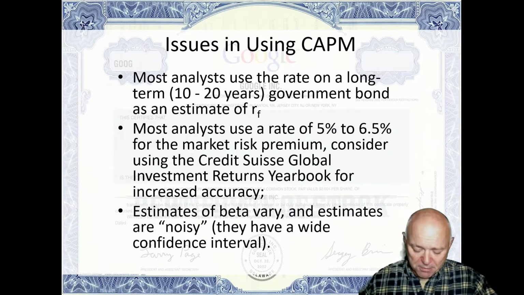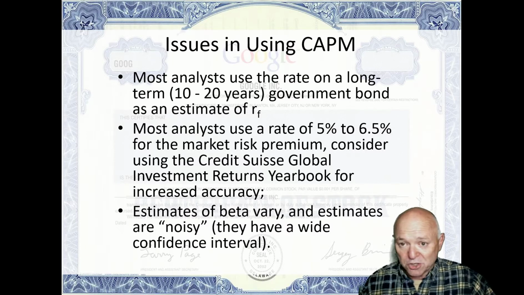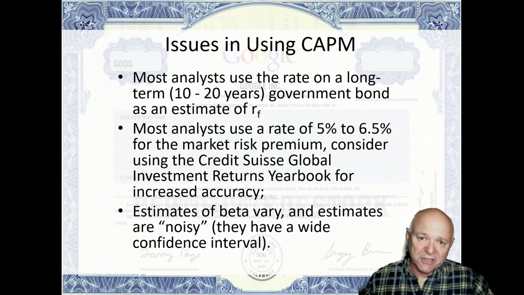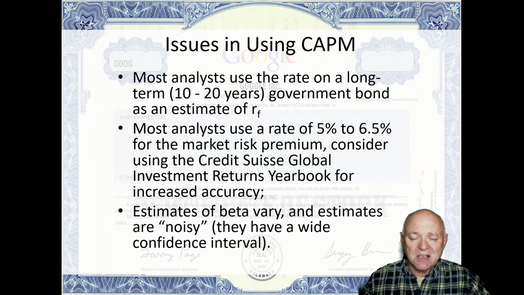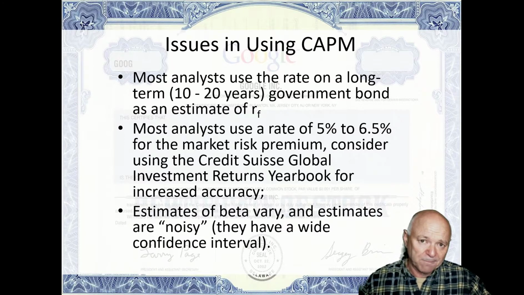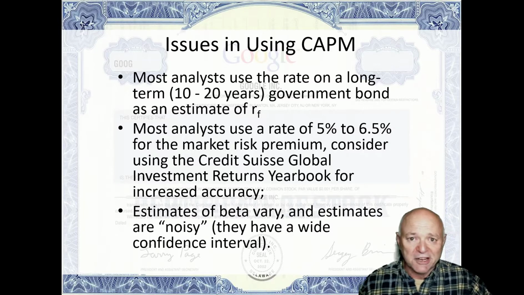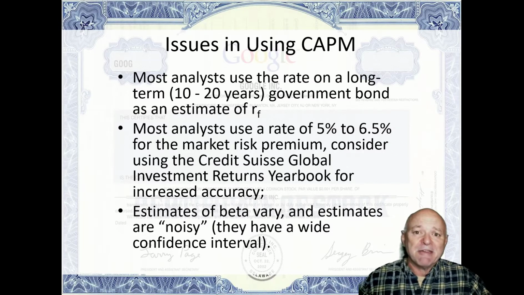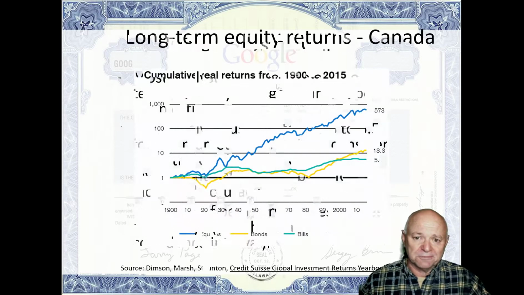And so they'll end up with a beta which is more accurate in the short term, but may not be representative in the long term. We can change that with the Bloomberg terminal; we can adjust those settings. So beta can be calculated several different ways, and we need to be aware of that. And like any other type of regression, it's subject to forecasting risk, so we may have a low R-squared value for some of the beta calculations that we do.